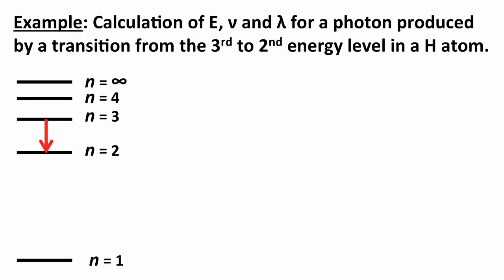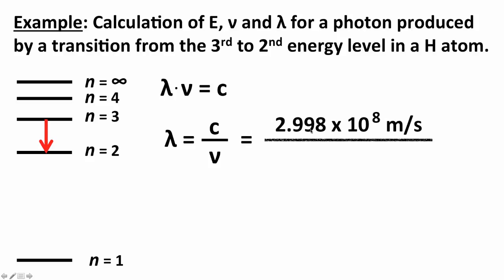And last but not least, let's do the wavelength. And we have a relationship between wavelength and frequency. We just figured out frequency, so we can solve for wavelength. Wavelength is equal to speed of light over frequency. Speed of light, 2.998 times 10 to the 8th meters per second. Frequency, we just figured out, 5.47 times 10 to the 14th per second.